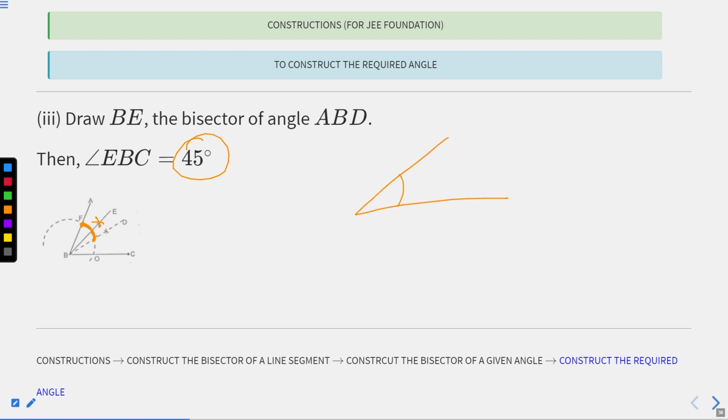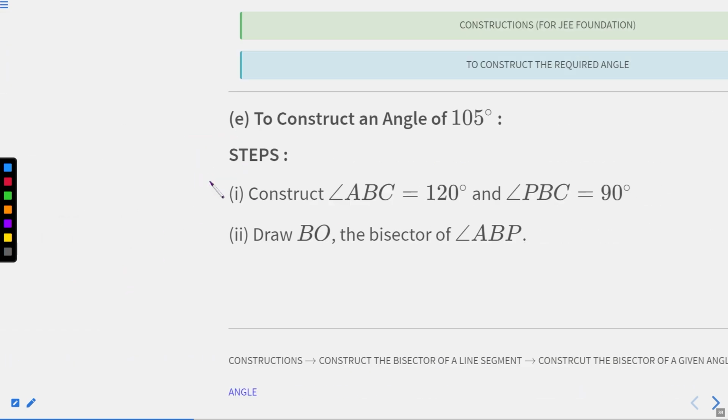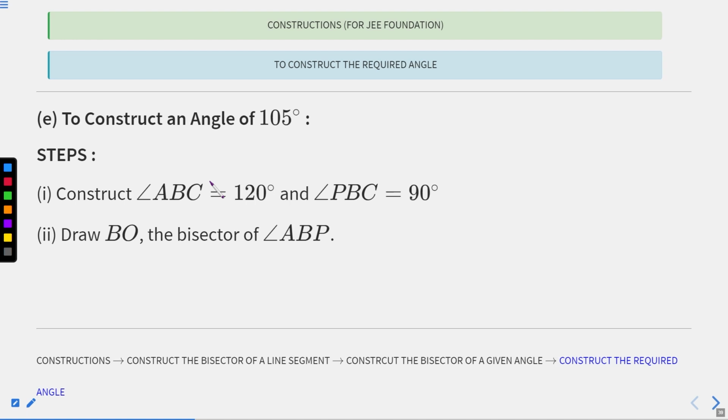If you have to bisect any angle, take this as our center, take more than half of this length as radius, mark an arc like this, put the center here with the same radius, and joining them, we will get our angle bisector. So performing these steps, we will get our 45 degree angle. I hope this is clear.